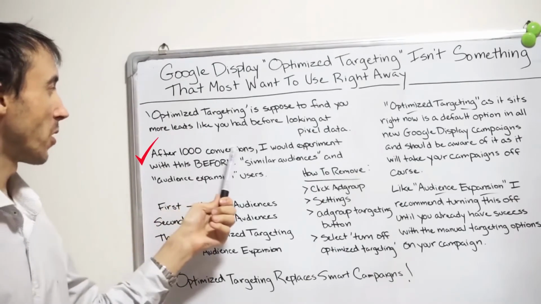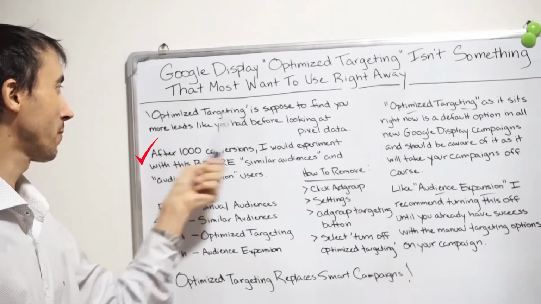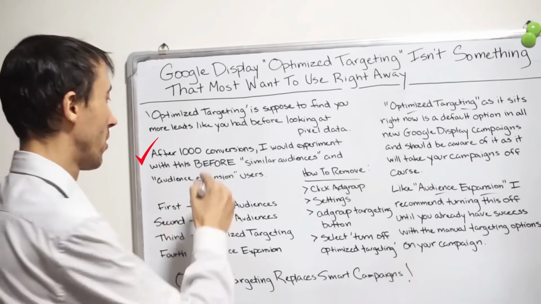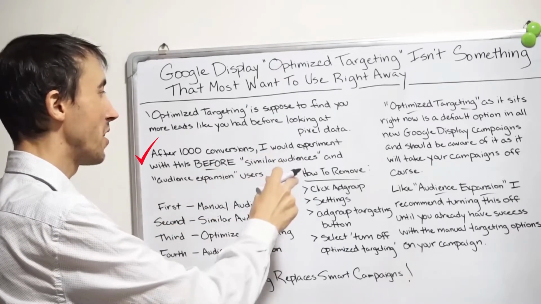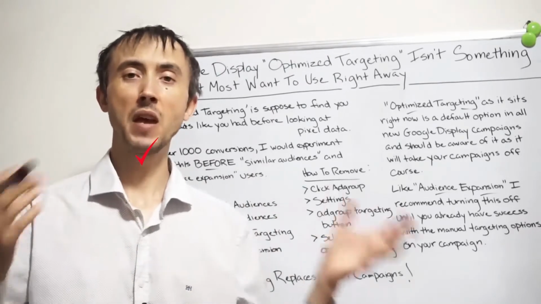After 1,000 conversions, I would experiment with this optimized targeting option here. And I would do it before the similar audiences and audience expansion in terms of expanding your campaign.